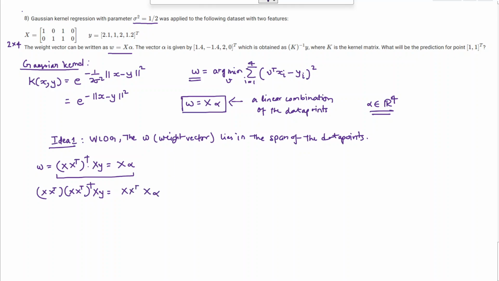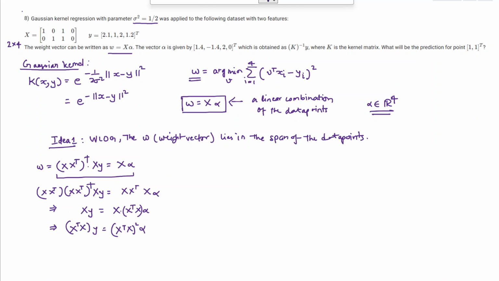Now this can be written as Xy equals X times X transpose X alpha. Now let me multiply on the left again by X transpose. I'll get X transpose X times y equals (X transpose X) whole squared times alpha. So what happens in kernel regression?